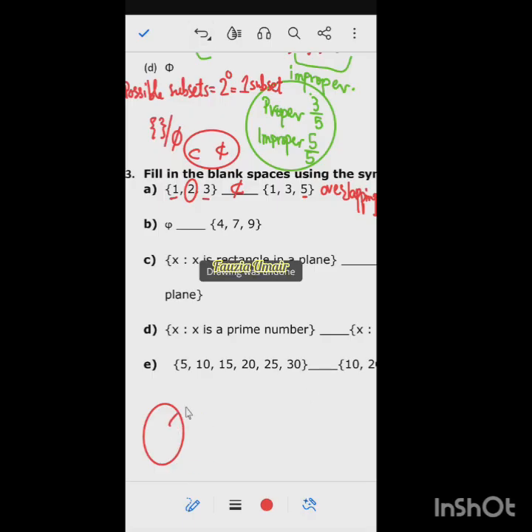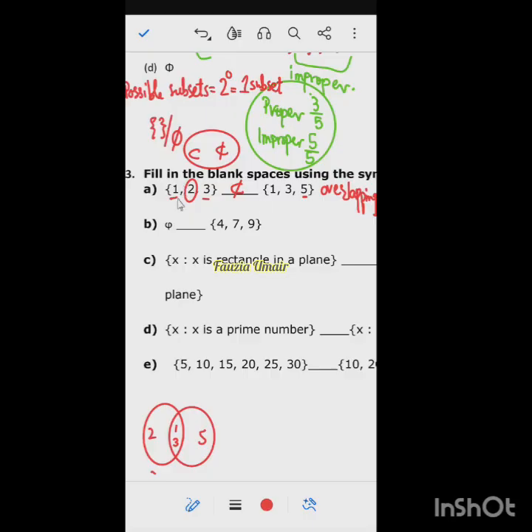If I draw these two sets on a Venn diagram, 1 and 3 will come in the common area, this 2 will come here, and this 5 will come here. This is how we represent it through Venn diagrams. Can you link this concept? Narmeen, Hashim, Arshiman, Tawassul, can you link this concept?